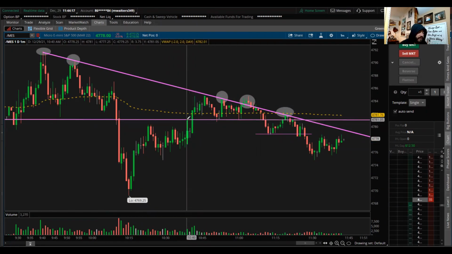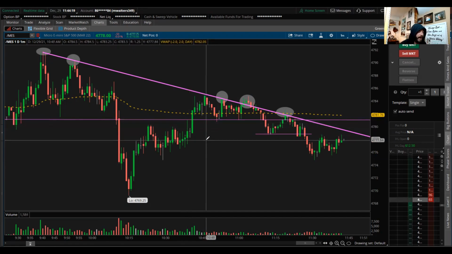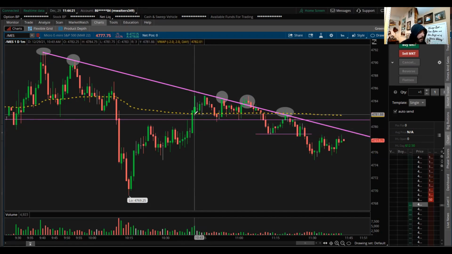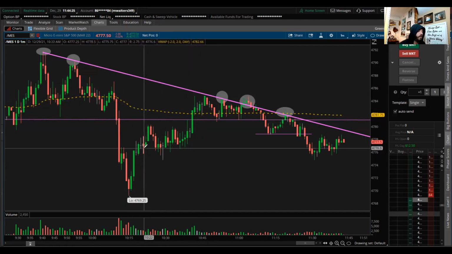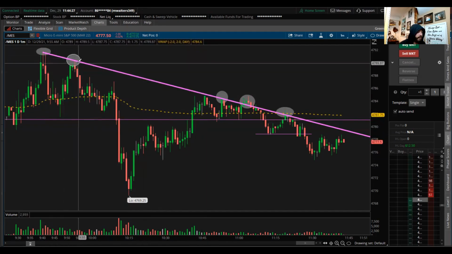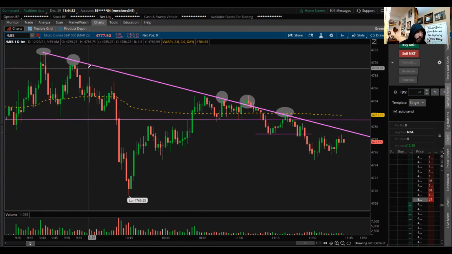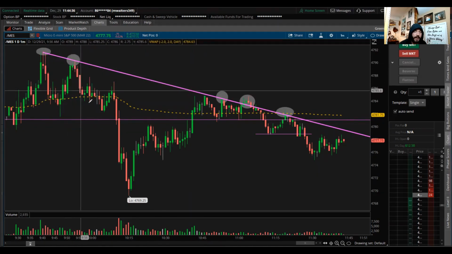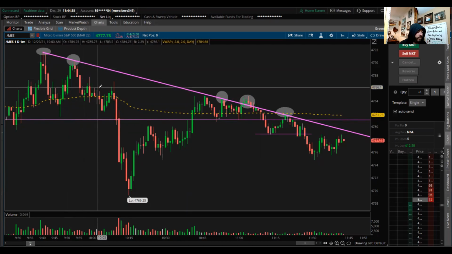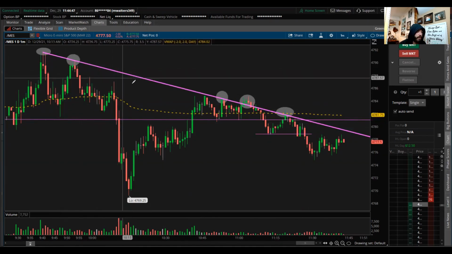This is where I started to take a short position. And you might ask yourself, why would you take a short position in such a strong market? That's because I noticed up here, if we weren't going to break it off the open, and then on the retest at just about 10 a.m., I felt pretty comfortable that we were going to start to see some more weakness because we couldn't break out anymore.